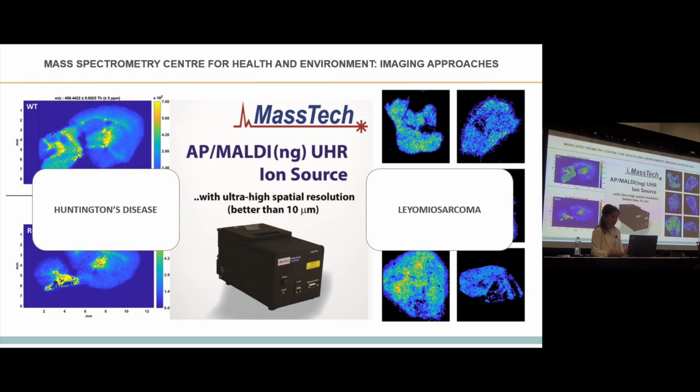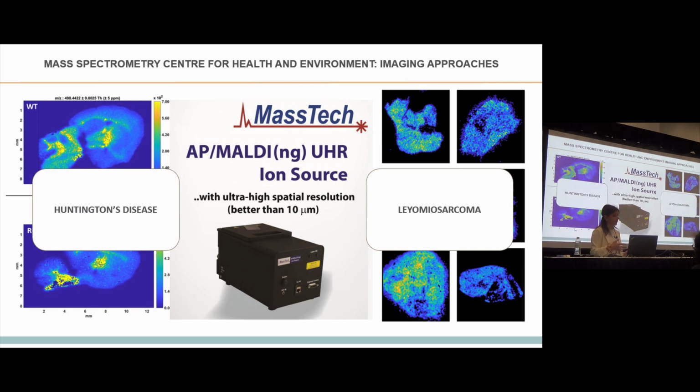So in conclusion, starting from our applications of mass spec imaging, we can say that in the first case, I showed you how imaging mass spec helps to understand the alteration of a metabolic state in brain, in particular for cholesterol; the imaging approach allowed us to see a difference that we cannot see using LC-MS.